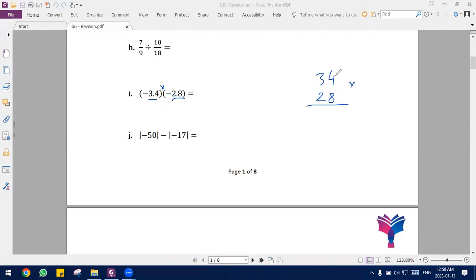So first we multiply 34 by 8. 4 times 8, we have 32. 2, carry 3. Now 3 times 8, and then we need to add 3. So 27.